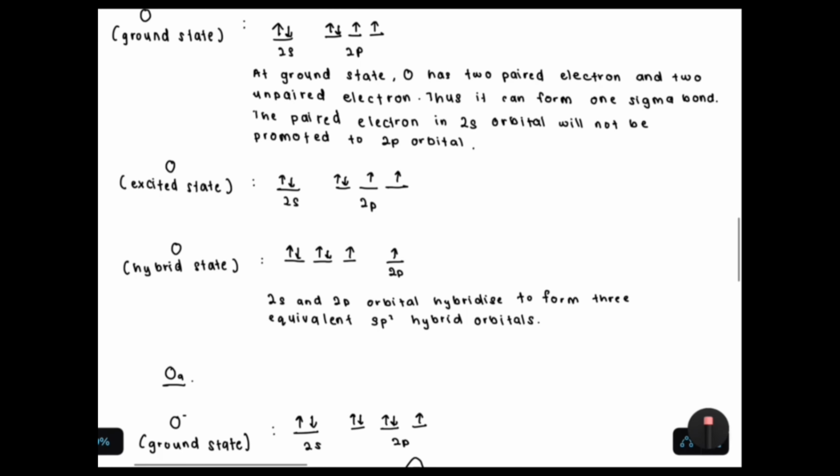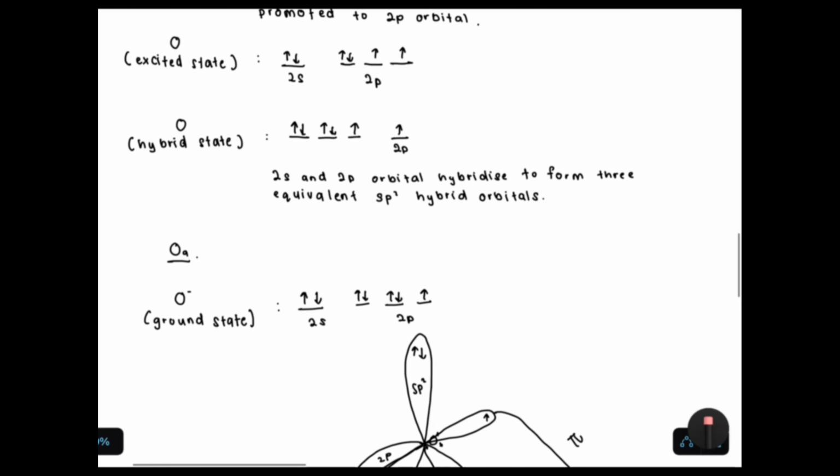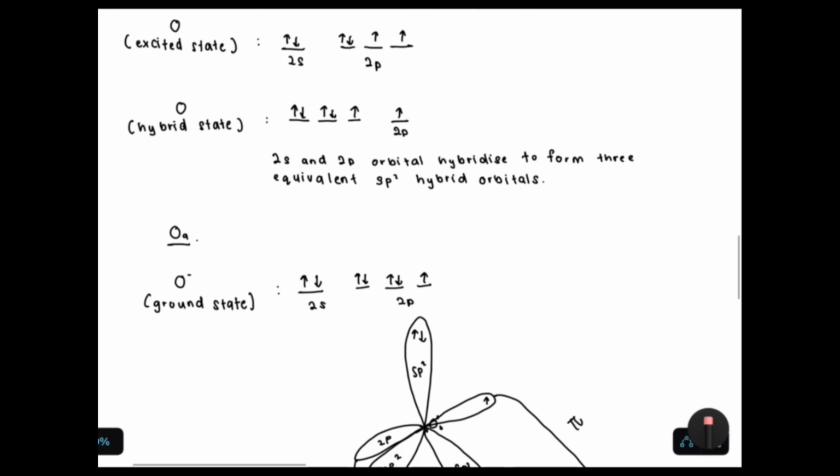As it will not be promoted, for the excited state we just copy from above. OC has 2 lone pairs, so this is for the lone pair and this one is for the sigma bond. And the 2p is for the pi bond, which will be overlapping. So 2s and 2p orbital hybridize to form 3 equivalent sp2 hybrid orbitals.